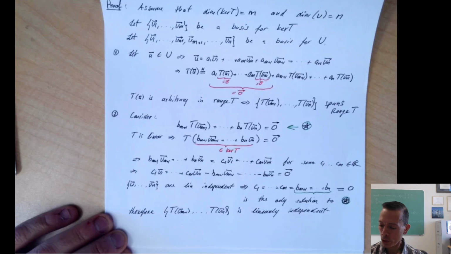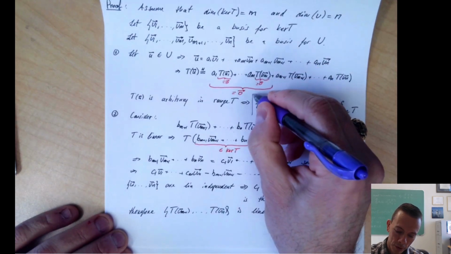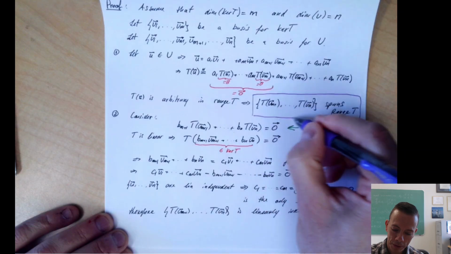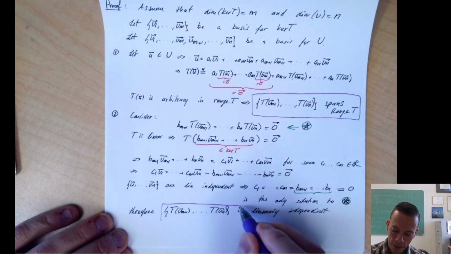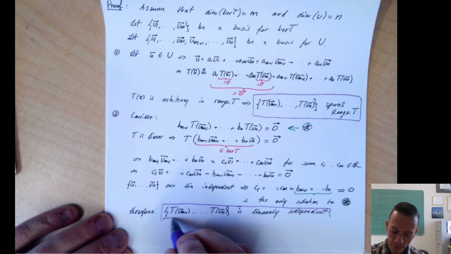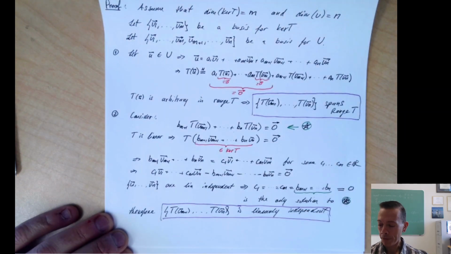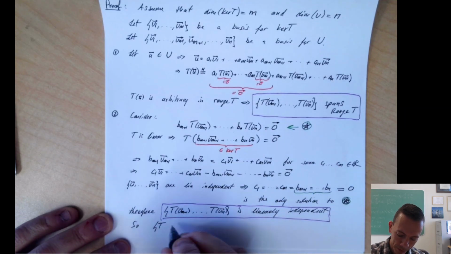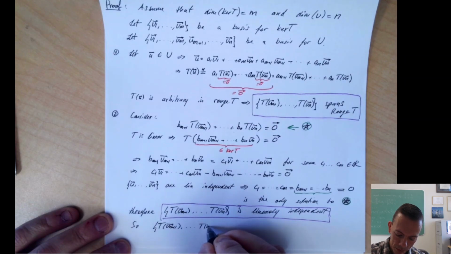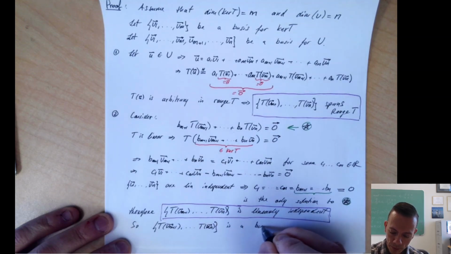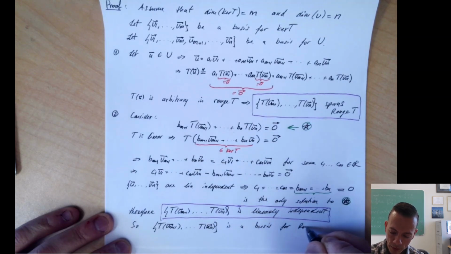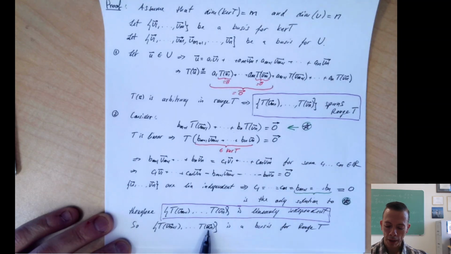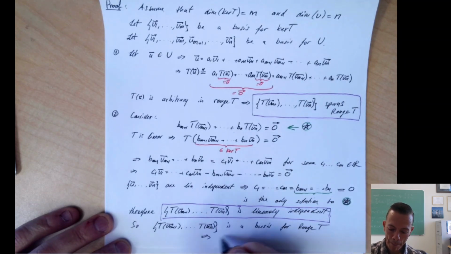So now if we take these two parts together, the conclusion that this set spans the range of T and that the same set right here is linearly independent, together we have found a basis for the range, and there are n minus m vectors in this set.